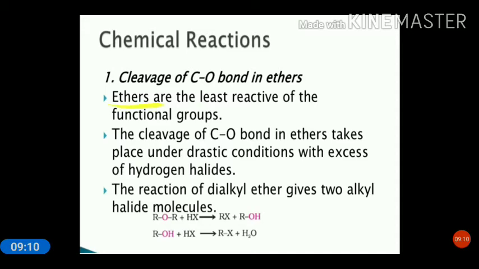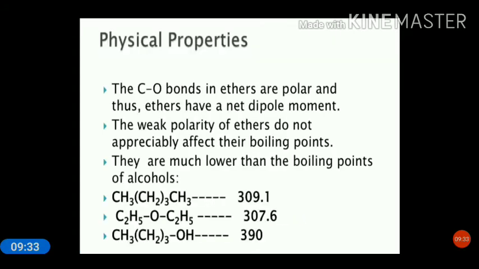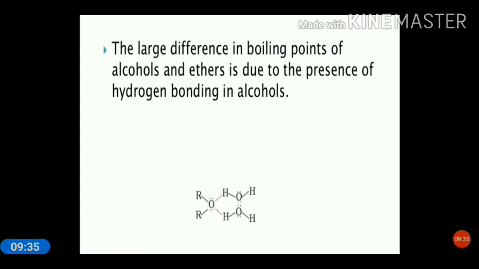Now chemical reactions. First, the cleavage of the carbon-oxygen bond. Ethers are the least reactive of the functional groups. The cleavage of the C-O bond in ethers takes place under drastic conditions with excess of hydrogen halides. The reaction of dialkyl ethers gives two alkyl halides. You can see here in the reaction, first the ether reacts with HX.